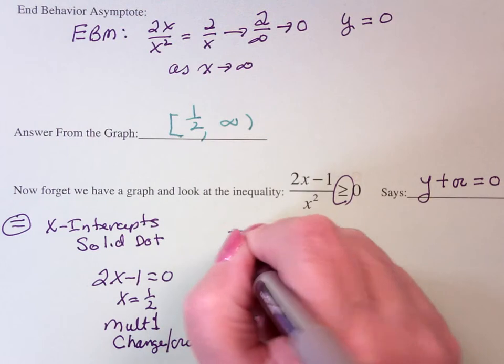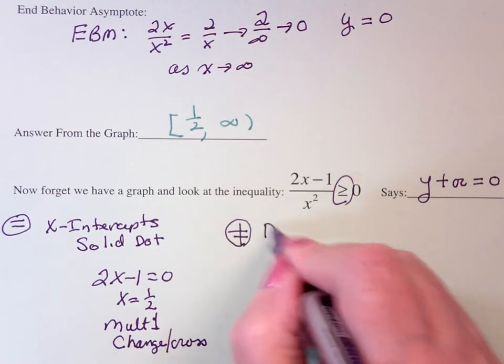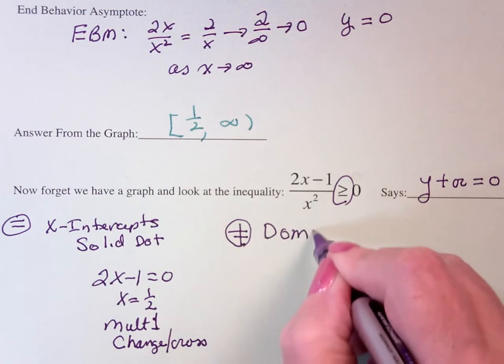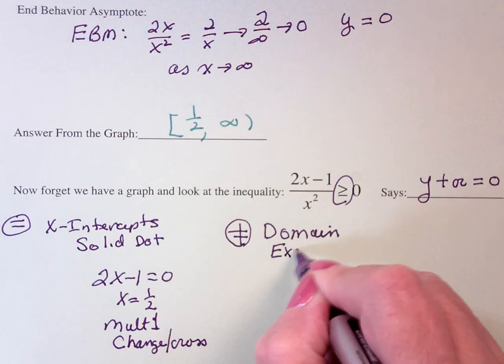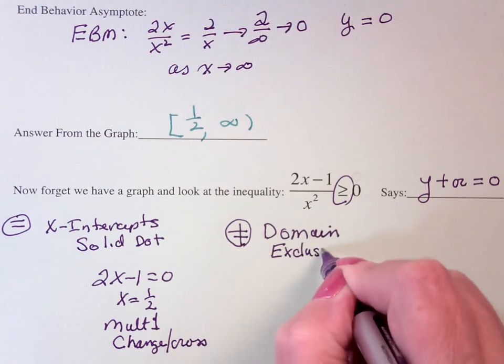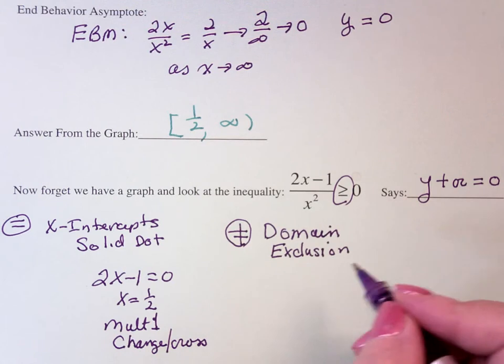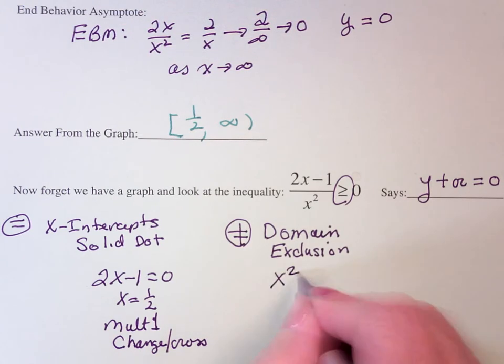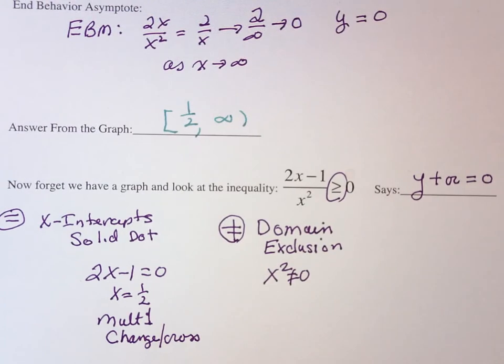Then I go after the domain. That's the not equal. So this is the domain exclusion. That has to be included. And that's where x squared, the denominator, can't be 0. So the numerator gives me the x-intercepts, the denominator gives me the VAs, the domain exclusions.